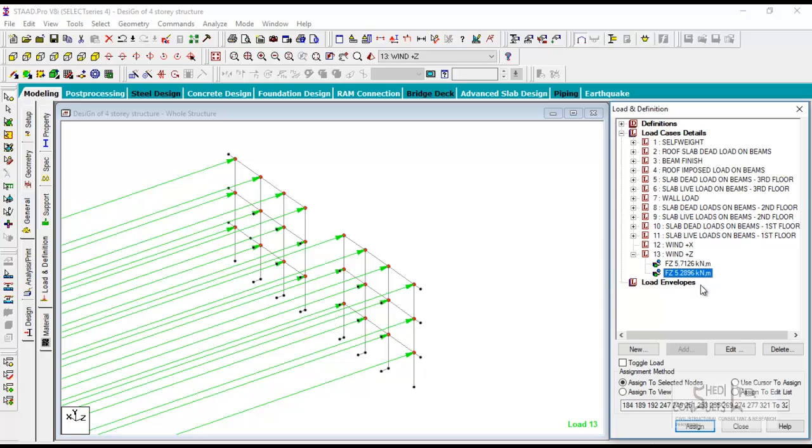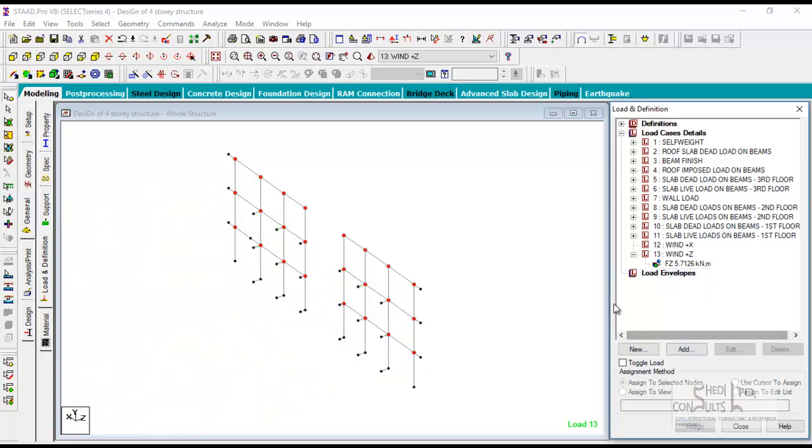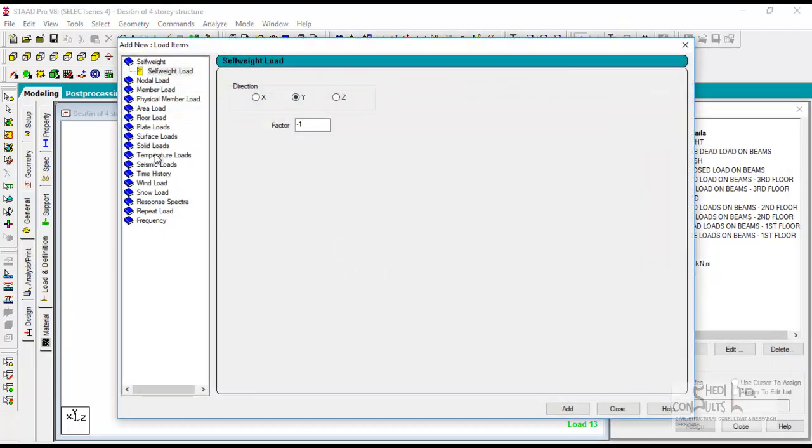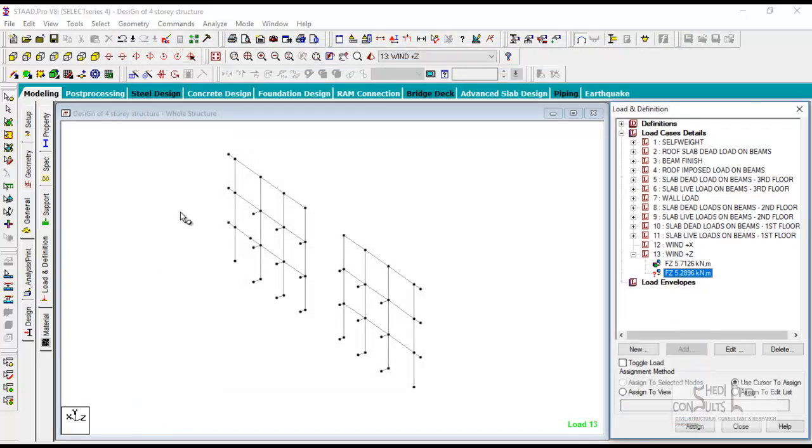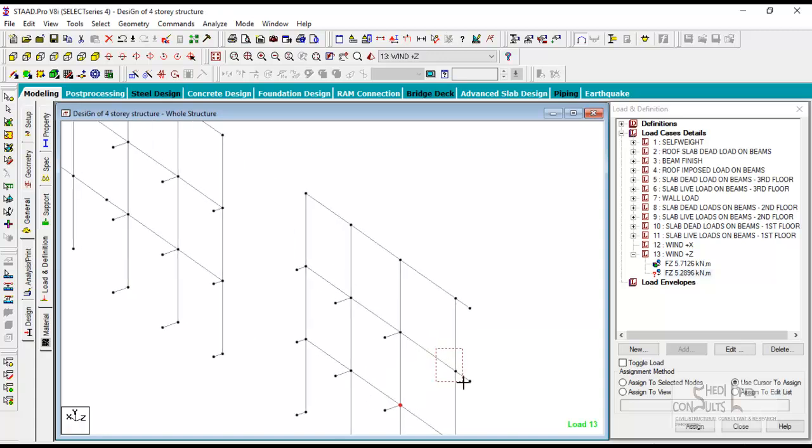There was a mistake here. Let's create it again. So you assign, select the correct nodes.